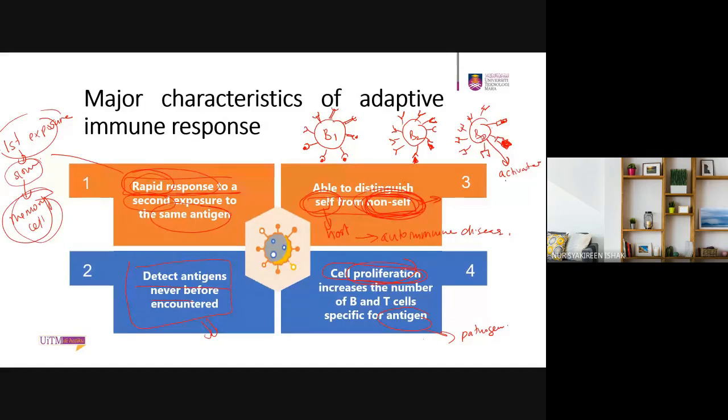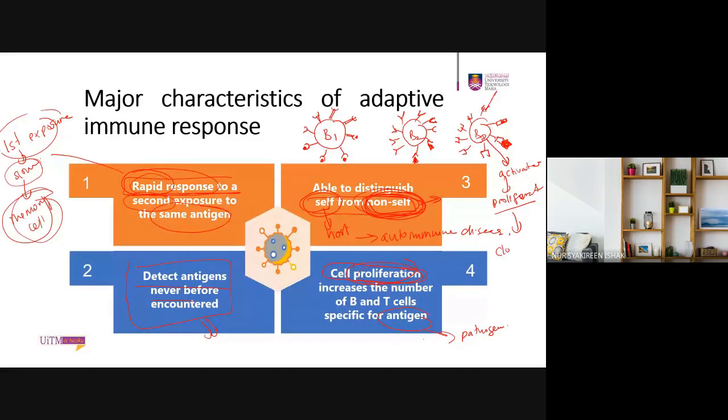It will proliferate. Okay, produce many B cells with the same receptor, with the same receptor against that specific pathogen. That's an example. Okay, so proliferate into many cells that later will undergo clonal selection.